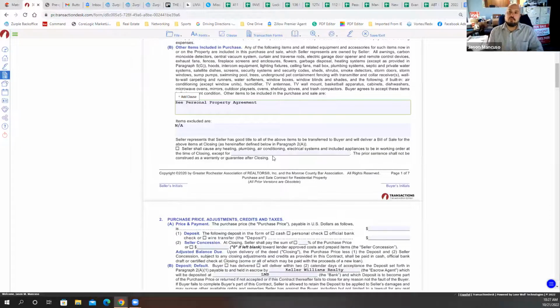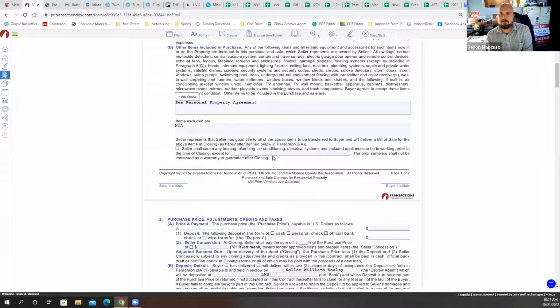So this is again what you would want to be in touch with the listing agent on, to know if they're disclosing something in their remarks. I'm thinking of an example, because if a furnace isn't working, or plumbing isn't working, it's not going to pass financing.